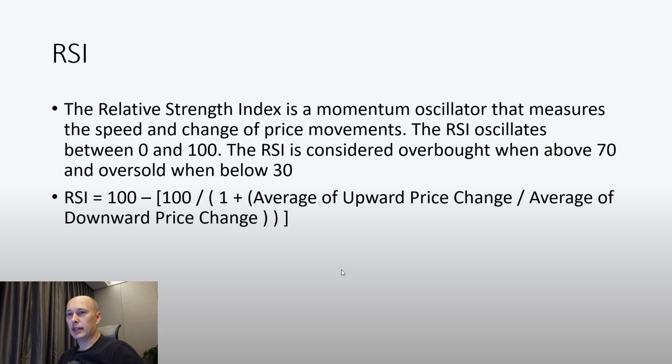If the indicator shows below 30 or above 70, it means that the momentum of the price is already smaller, and we can expect that the price will be slowing down or potentially can turn around. For those who are interested, here you can see as well how the RSI is calculated. Here is the formula on the bottom of the slide.